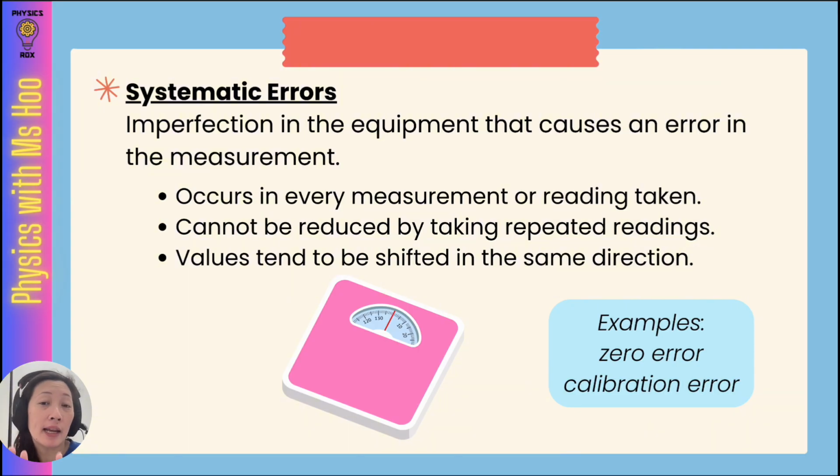So if you use that equipment to take a measurement, every measurement you take is going to have an error. Because of this, systematic errors cannot be reduced by taking repeated readings. And because of the equipment error, values tend to be shifted in the same direction. Examples of systematic errors are zero errors and calibration error.